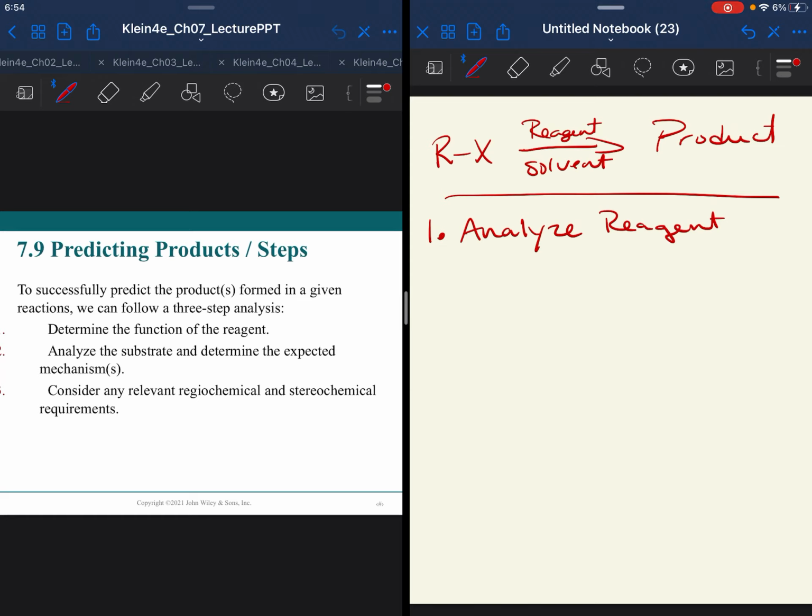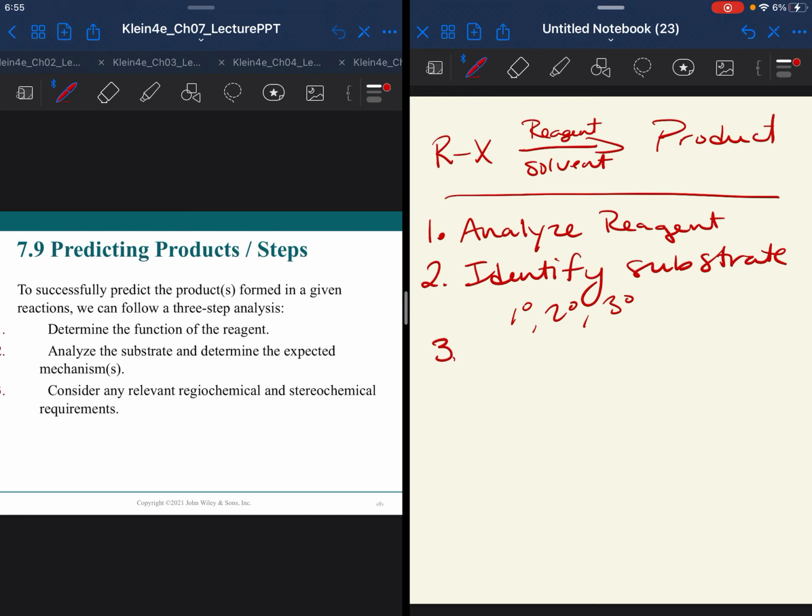Once you analyze the reagent, you will identify your substrate, right? Is it primary, secondary, or tertiary? Between the reagent and the substrate, you can often figure out the mechanism.